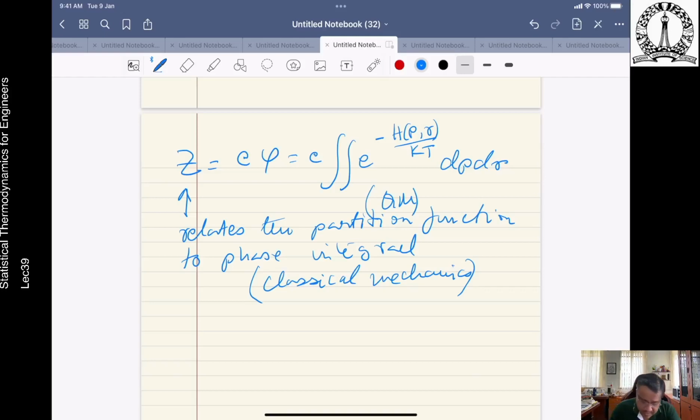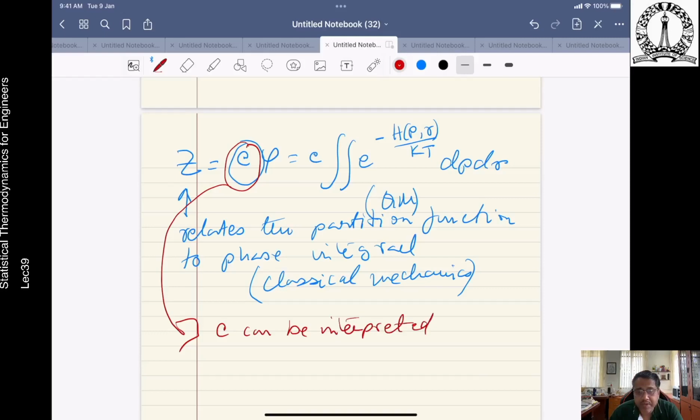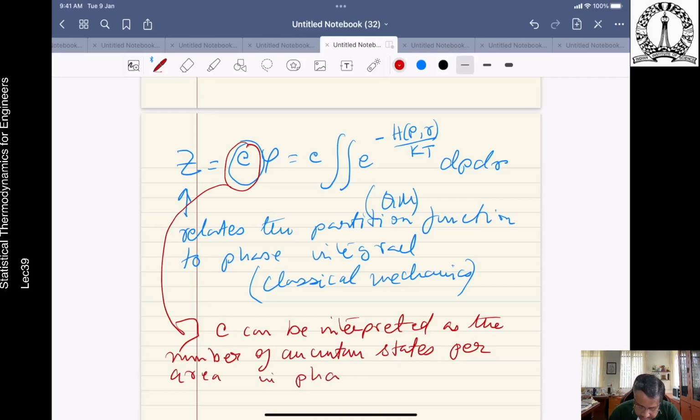This constant C over here can be interpreted as the number of quantum states per area in phase space.